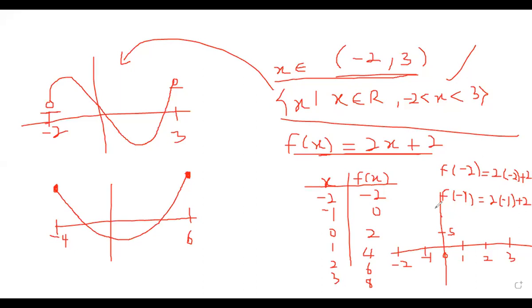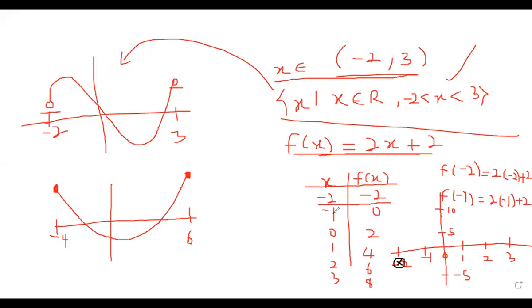For the lack of space, let me say 5, 10 here, and then -5 here. So if I'm to plot this graph, it's a linear function. So for the first point, -2, -2 will be around this point somewhere. Let me use a different color.